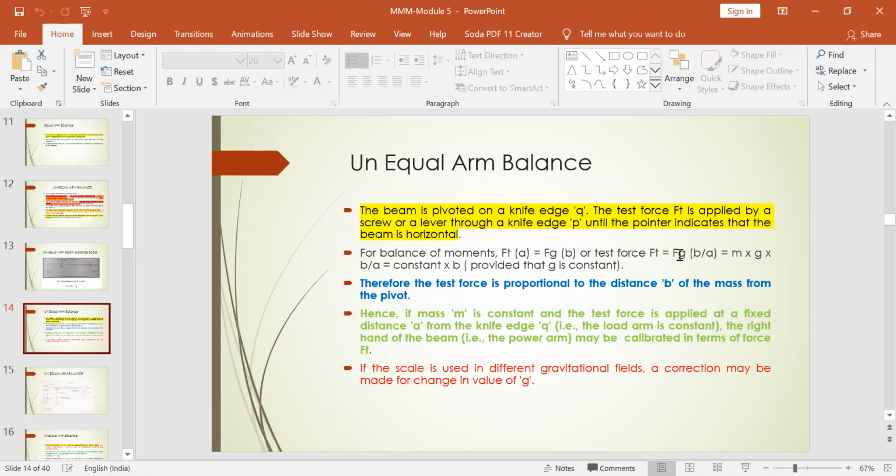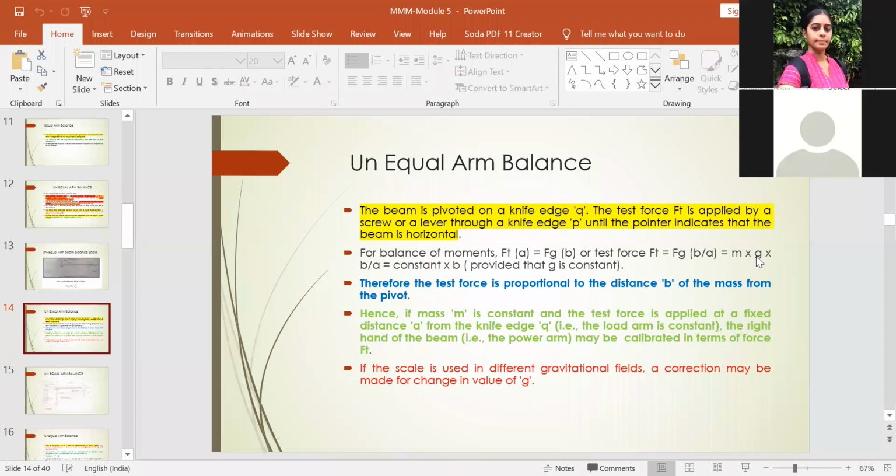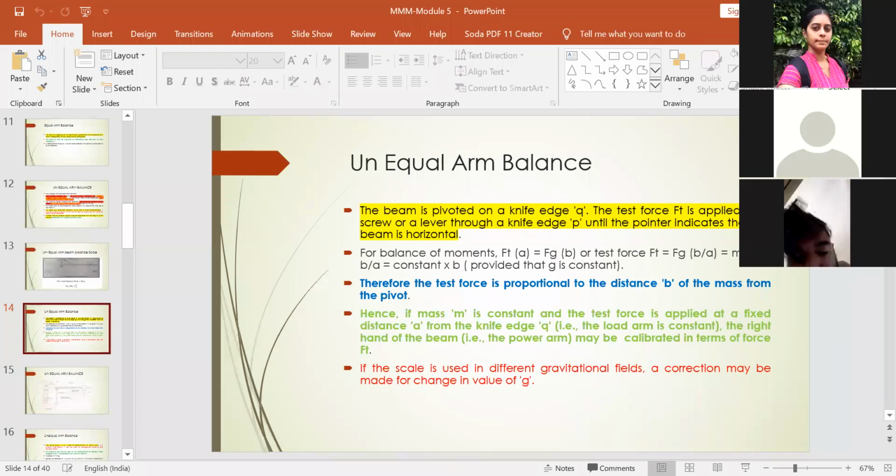And then before that, you can split up this force, which is nothing but our mass into acceleration due to gravity. So you can write F suffix G as M into G into B by A, right? So here M is also a constant, the value of G is also a constant, right? So what is the variable here?